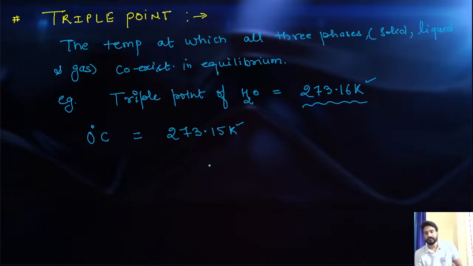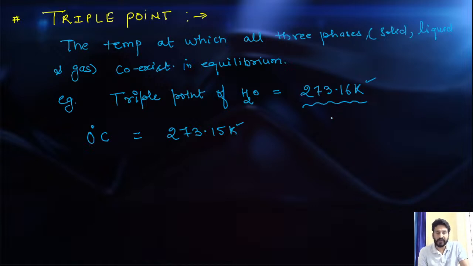Just try to understand. I'm comparing these temperatures, 273.15 Kelvin and 273.16 Kelvin. First of all, tell me what the difference is. The triple point is the temperature at which all three phases of a substance coexist in equilibrium. For water, the triple point is 273.16 Kelvin.